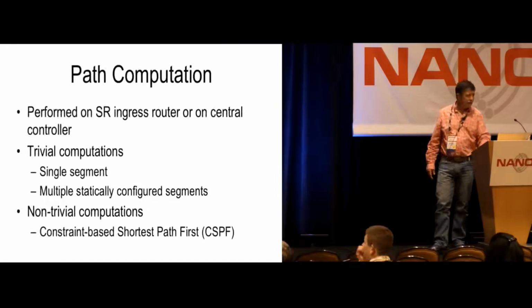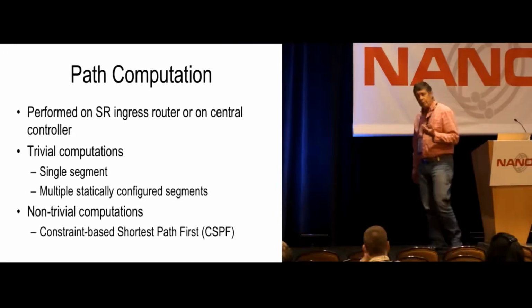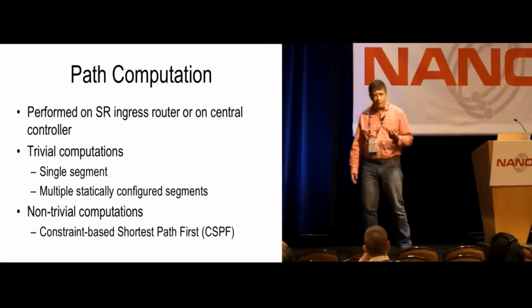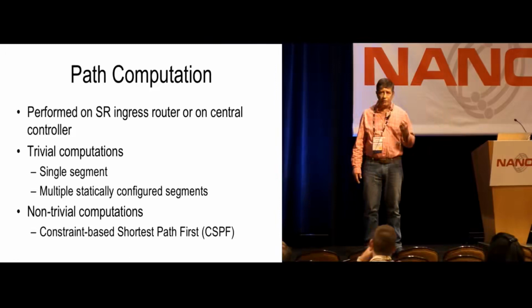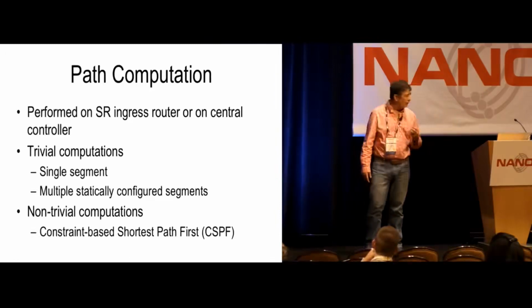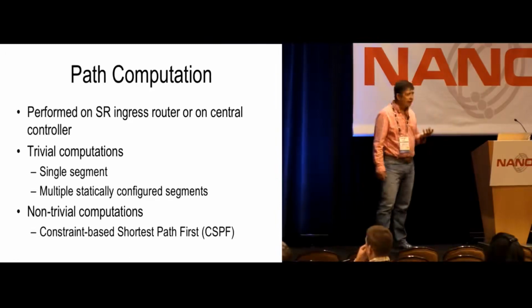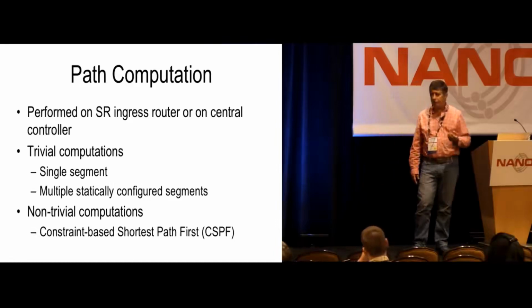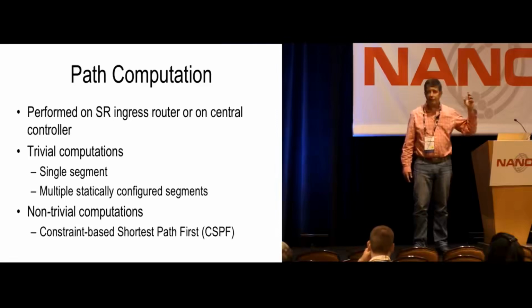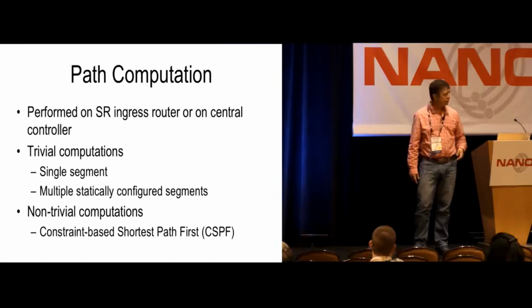And let's start by talking about path computation. You can perform path computation in two places. You can either do it on a central controller or you can do it on the ingress LSR. Now, some path computations are really, really trivial. Remember the second example I put on the board where there was a single label 7 and from every place it brings you to 7?